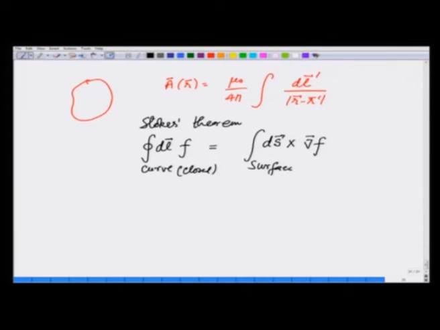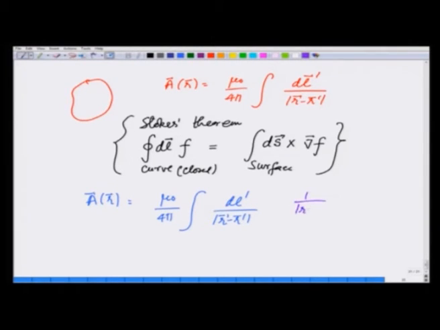So, what do I have now? I apply this to this; I will give it as an assignment problem for you to solve, but not submit. I have A(r) equal to mu 0 over 4 pi integral d l prime over |r minus r prime|. I will take 1 over |r minus r prime| as my f of r prime.